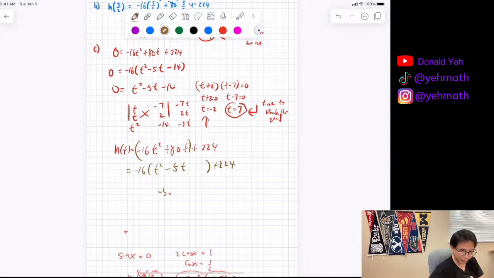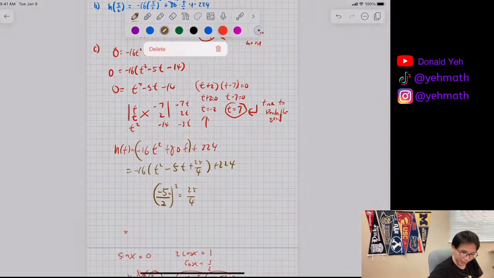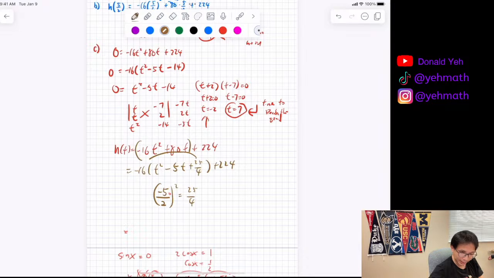I can take the middle term, divide it by 2, and square. And I'm going to get what? So I'm adding plus 25 inside before. Now, am I really adding 25? Check out the net. The net is what?